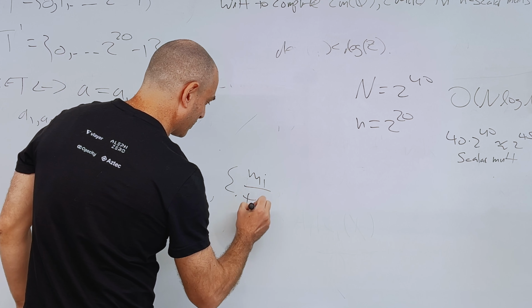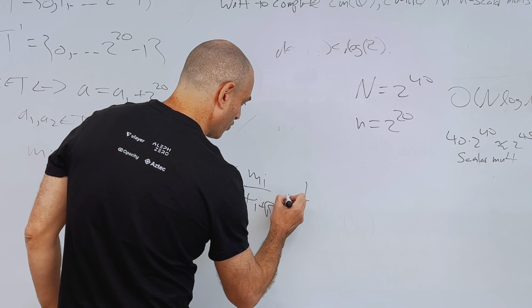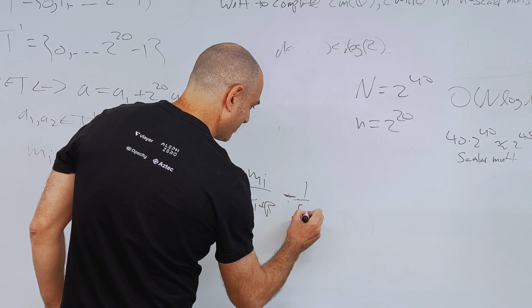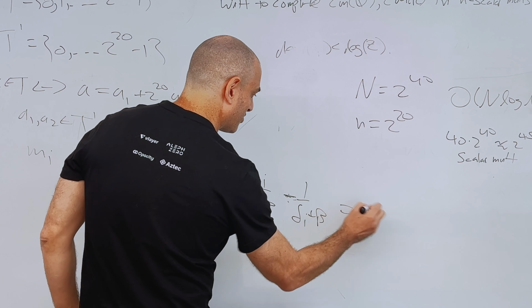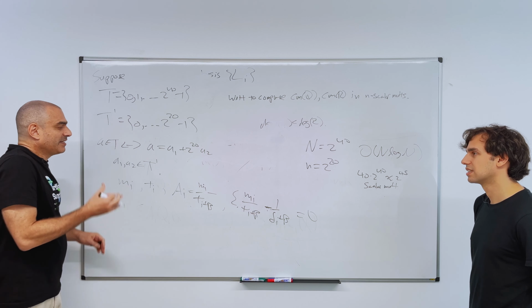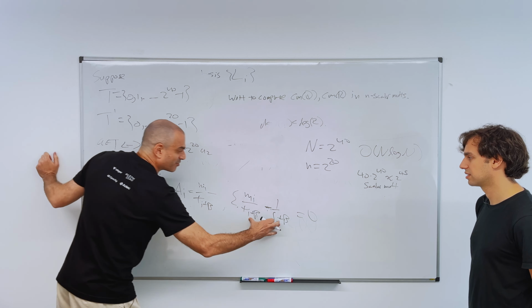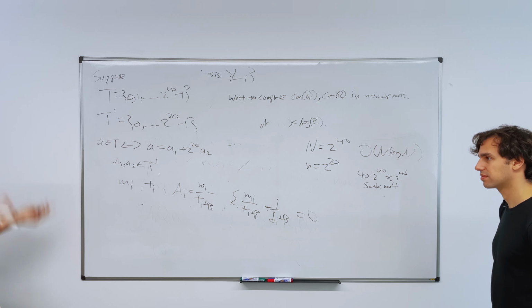Going back to the full thing, we wanted to show that this sum is 0. That's what we really wanted to show. And the way we did it was we committed to these values and then showed that we really committed to these values and that their sum is 0.